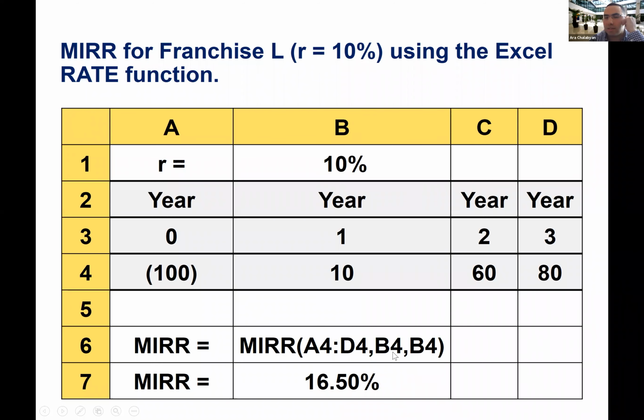One is the financing rate, the other one is the reinvestment rate. In both cases, you input the cost of capital. Theoretically, they can be different, but you don't need it. In both cases, you refer to B4, and you get 16.8%.